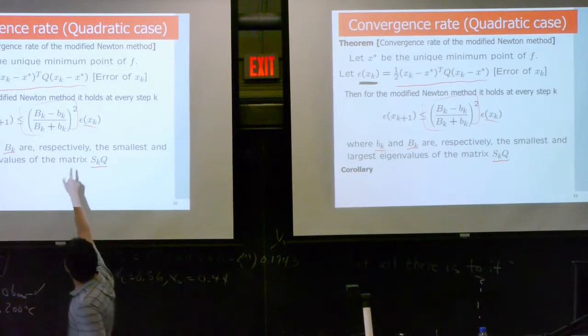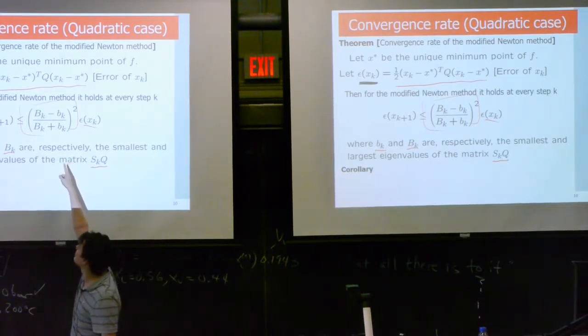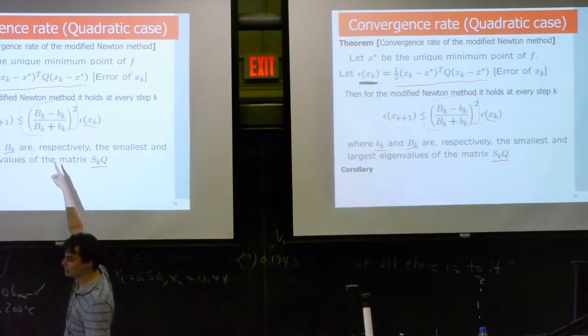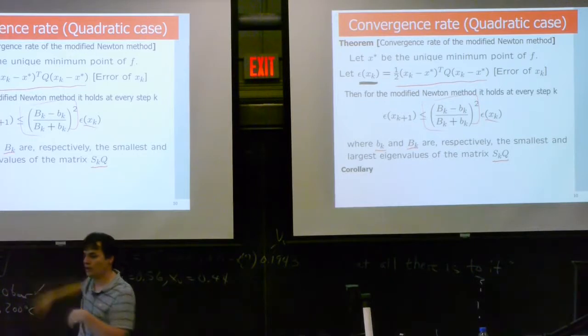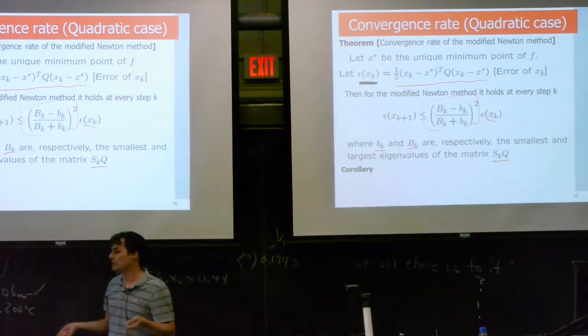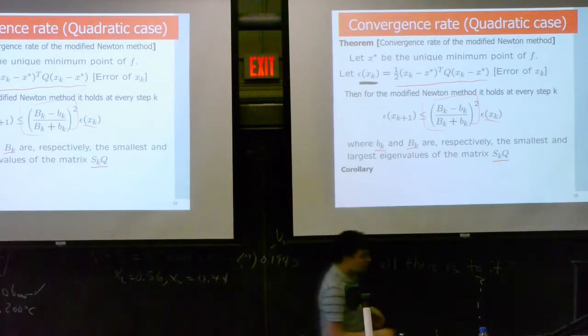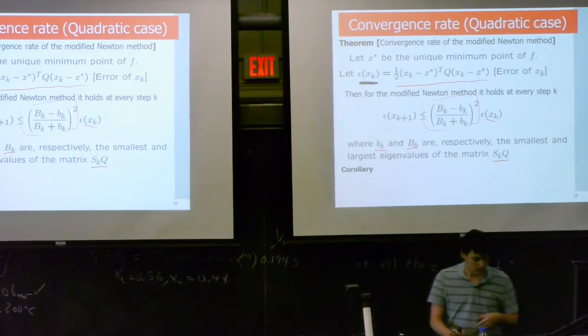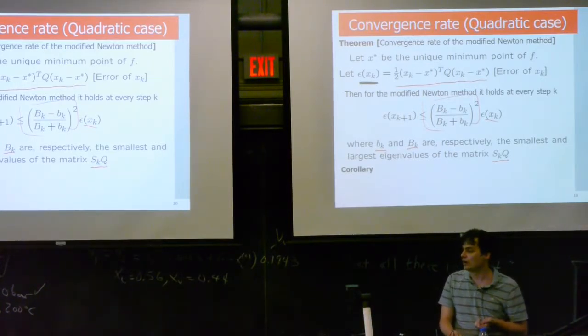Right, so the convergence rate is fast when this expression is small. When capital B_k is close to lowercase b_k, so the largest eigenvalue is close to the smallest eigenvalue. That kind of shows that if this is the identity matrix, that's good for us.